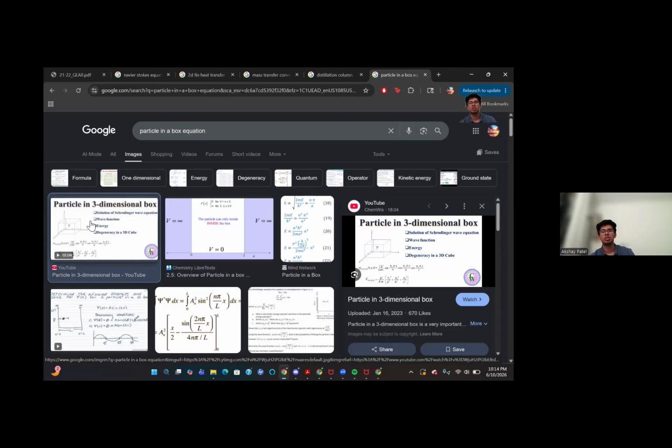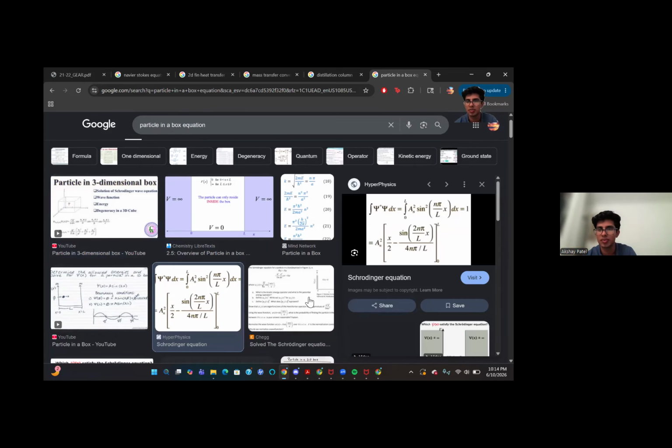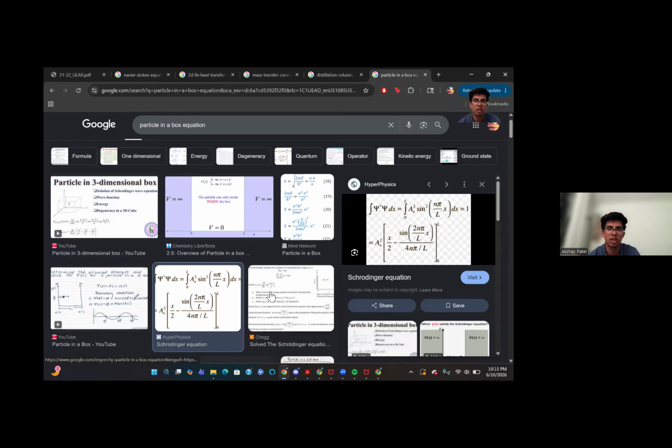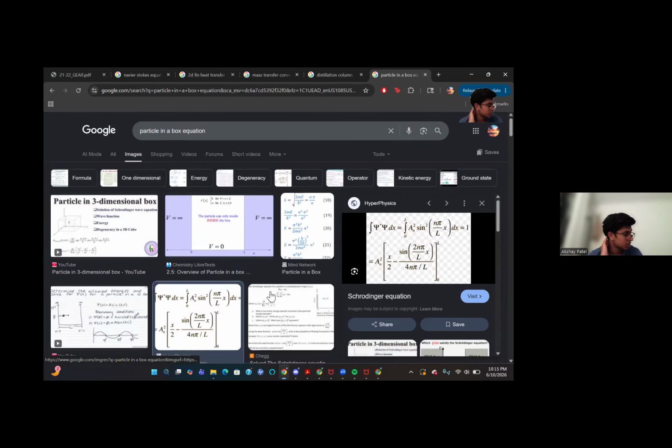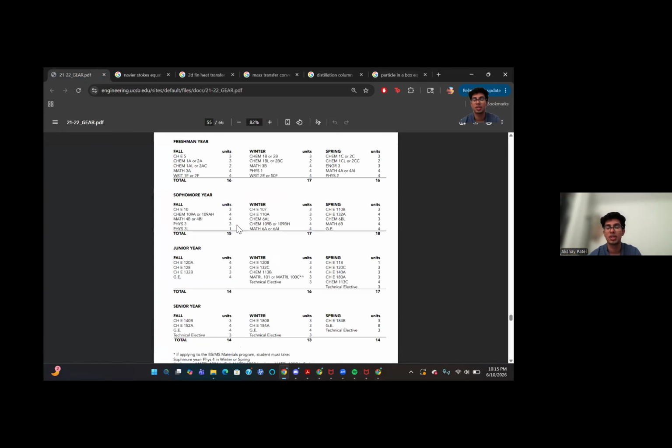In that box your electron can have these energy levels based on the wave equation. So you solve this equation, and you learn where your particle in a box stuff is, and you can predict the energy for different electrons at different energy levels. It just gives you more physical intuition of how chemicals work.